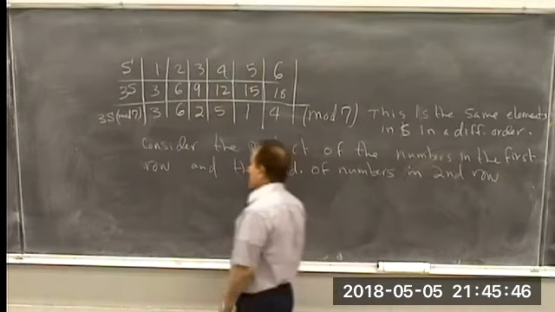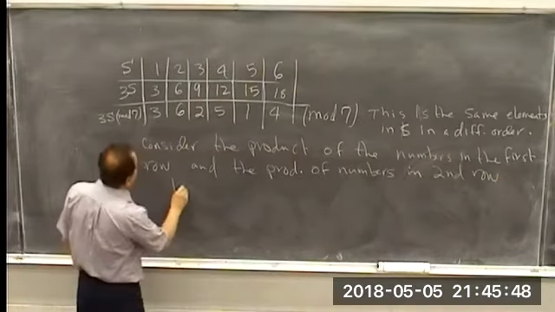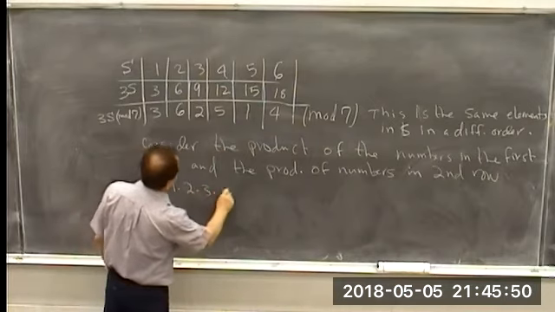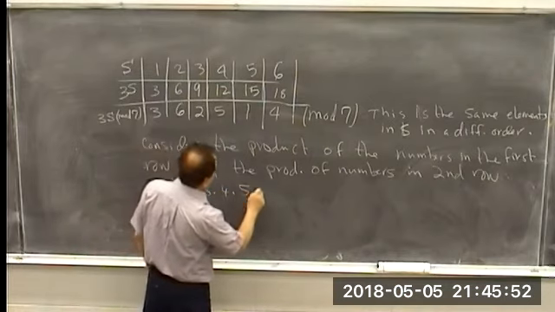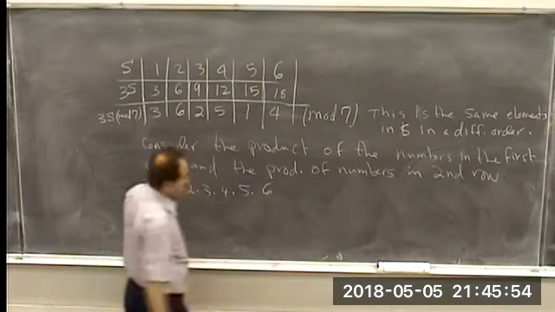So this is what we get. We get 1 times 2 times 3 times 4 times 5 times 6.